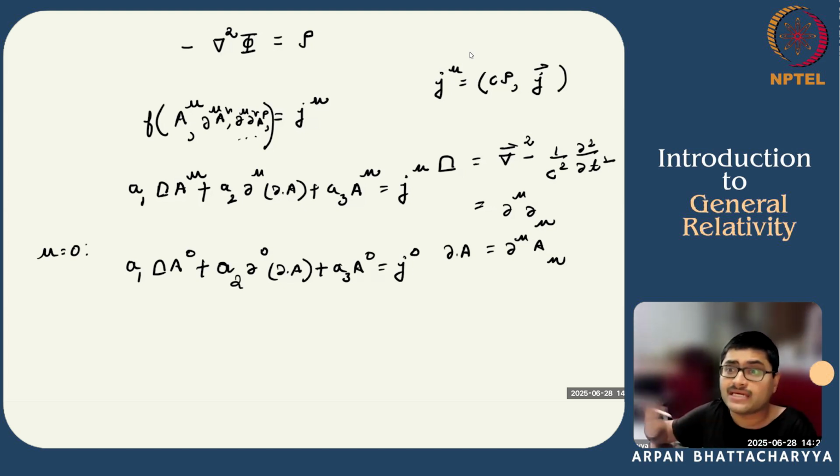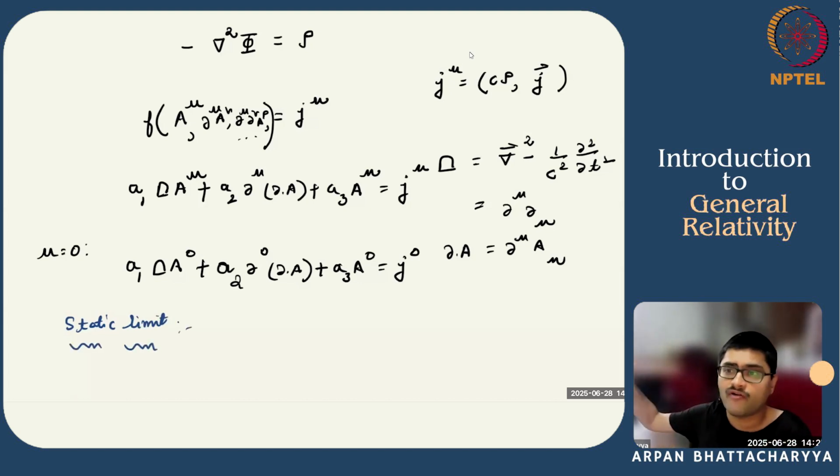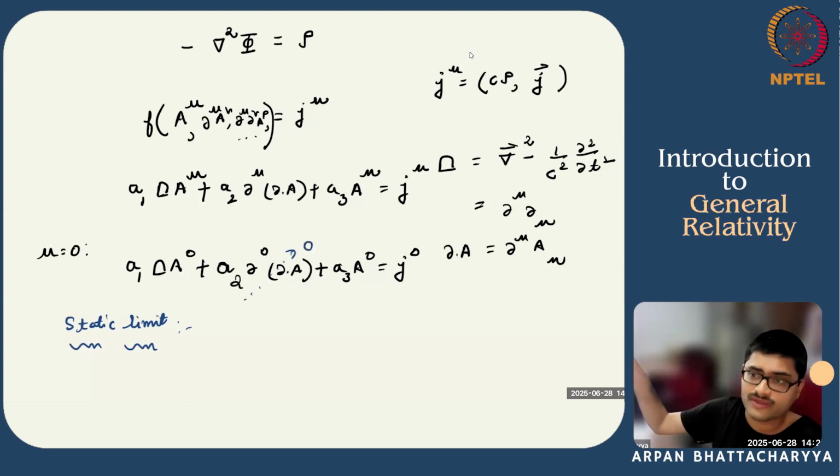Now let's consider the static limit. In that limit, we expect that the fields are not functions of time, so any time derivative of them will be 0. So in that limit, the term containing a2 is 0 because it's del 0 of something.